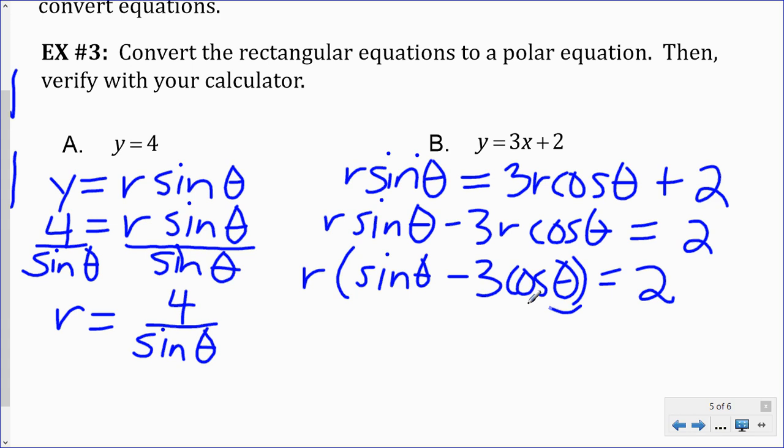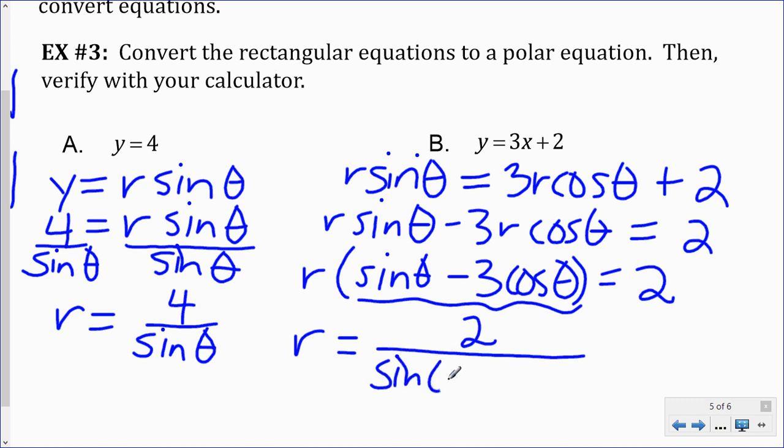And then we can just divide, and we'll get r equals 2 divided by sine theta minus 3 times cosine theta. And that would be our polar equation.